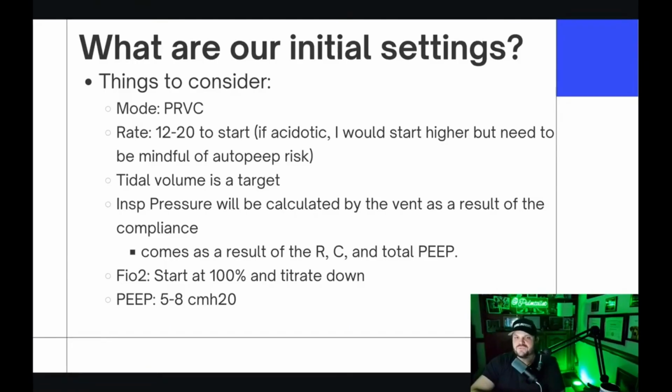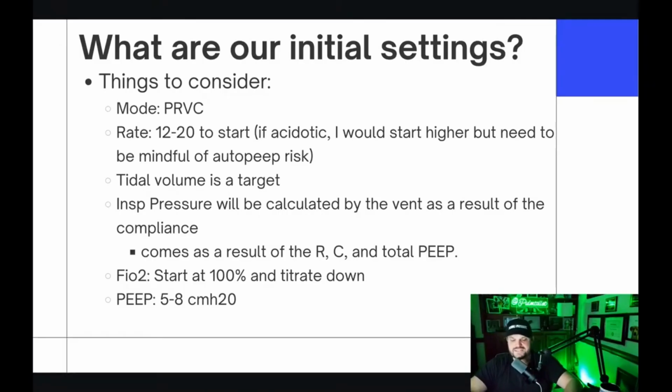The difference between volume control with decelerating flow and volume control with constant flow is that when you have constant flow, there's always a contribution of the resistive portion of the lung in the peak airway pressure. When you have decelerating flow, as the flow decelerates, the proportion of the peak airway pressure that's from the resistive portion goes down.